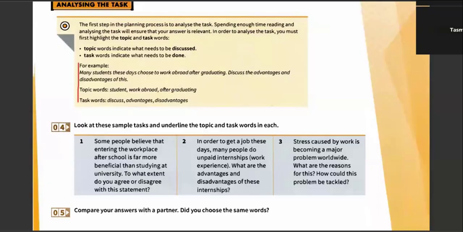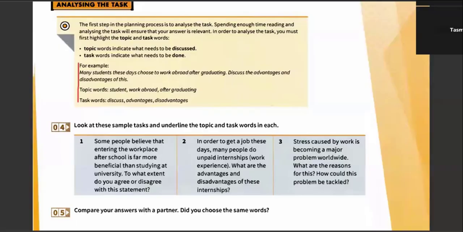So studying at university is not necessary, just university is necessary. So workplace after school, more beneficial, and university. Understood. Entering the workplace after school can also be the topic word that you can choose. So these are the necessary topic words that we need to analyze in order to get the idea.